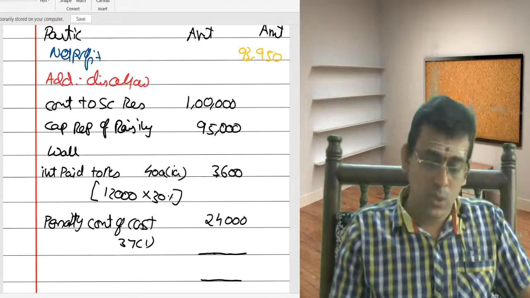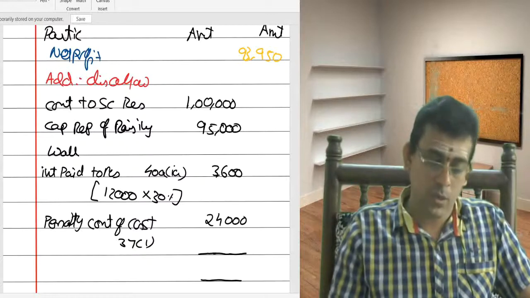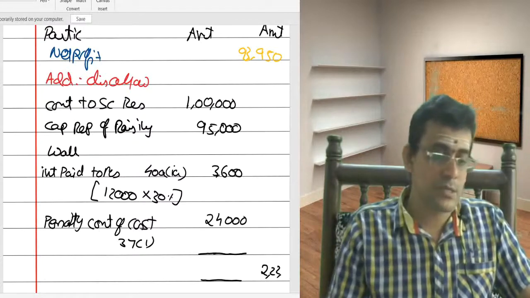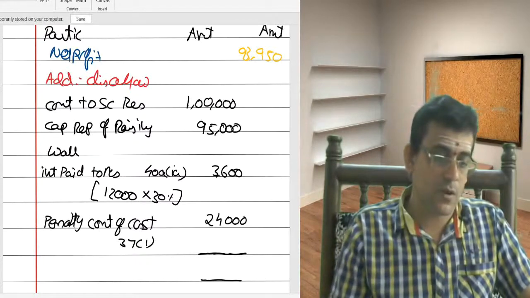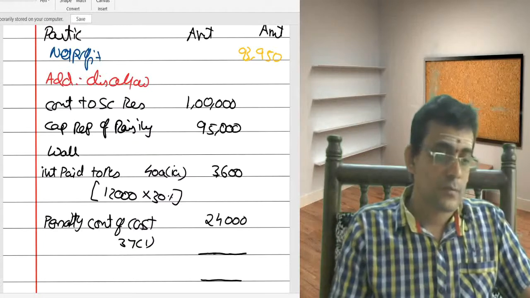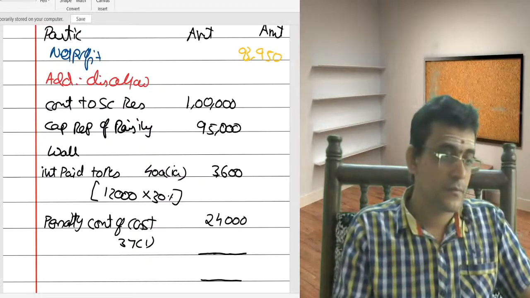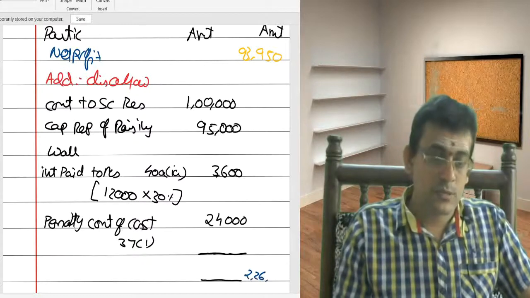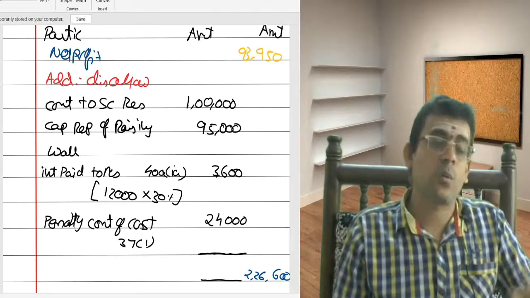So this total I want to take to my outer column. So you put it here, 2,22,600. Let us take this as a part of your outer column.